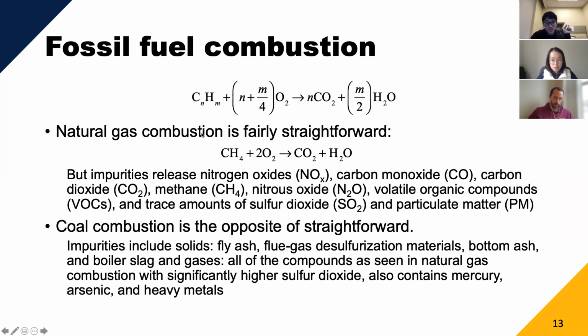The chains are going to be smallest for gases, longer with a larger number of carbons for liquids, and then even larger for solids. This in itself doesn't contain a lot of those impurities we were seeing before, like nitrogen and sulfur. But in a complete combustion equation, you're combining with oxygen to create CO2, water, and a whole bunch of heat. And that heat is what you're going to be taking advantage of.